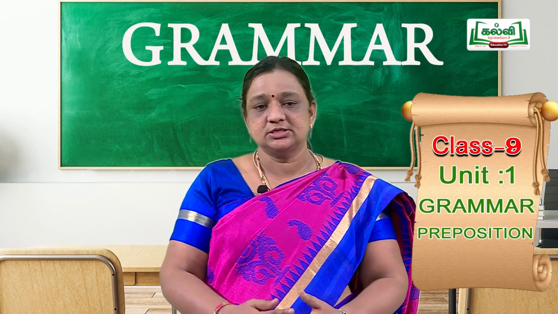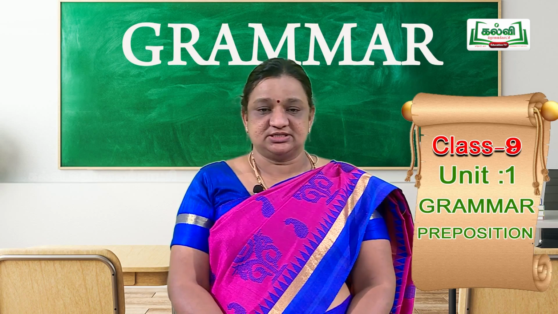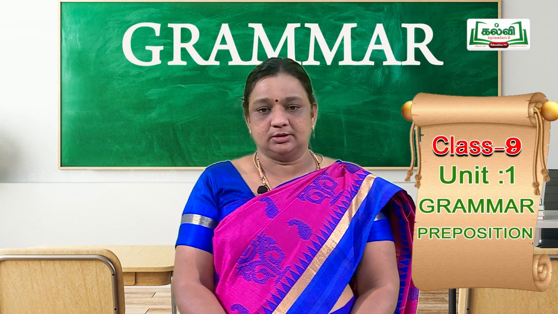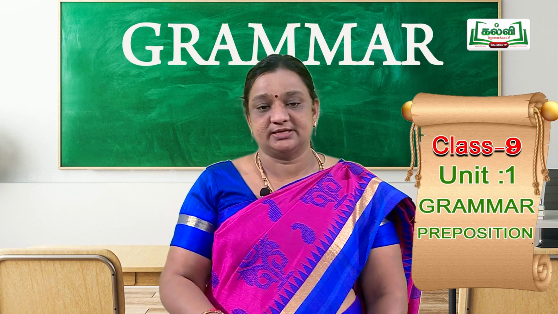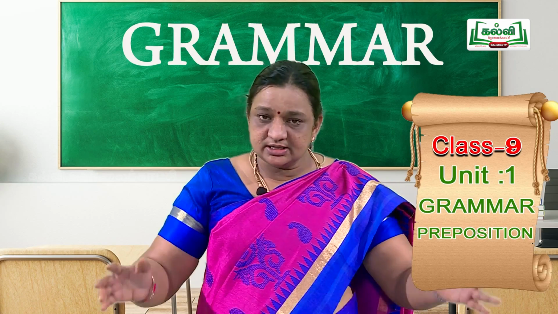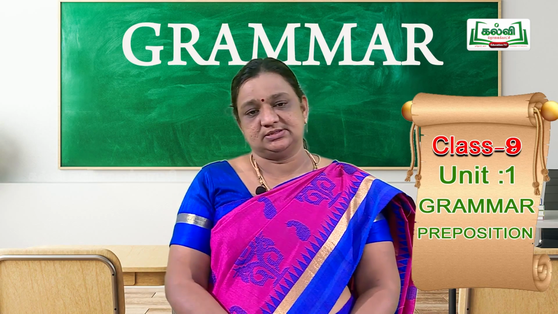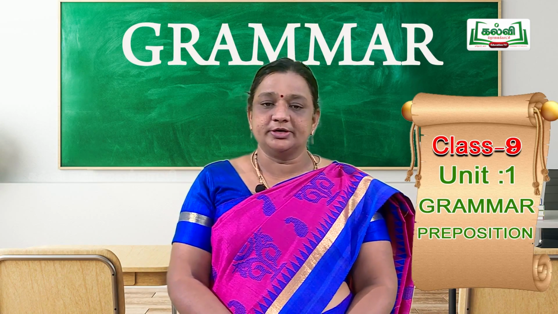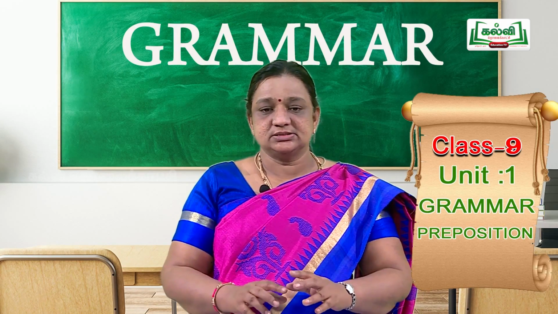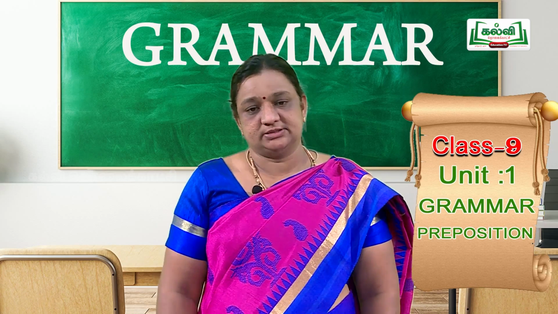Going to the next preposition, at. At is used to show or point one thing at a particular place inside a broader place. At is used to show a point of a thing at a particular place in a broader place.